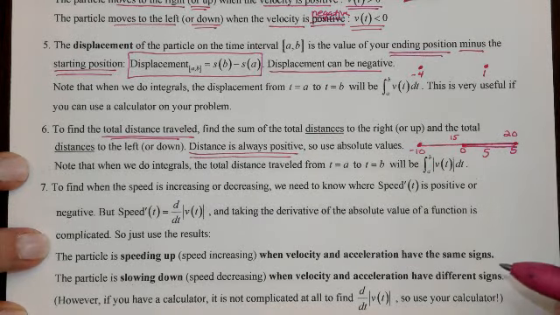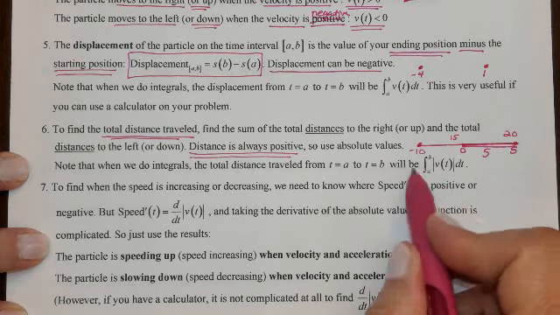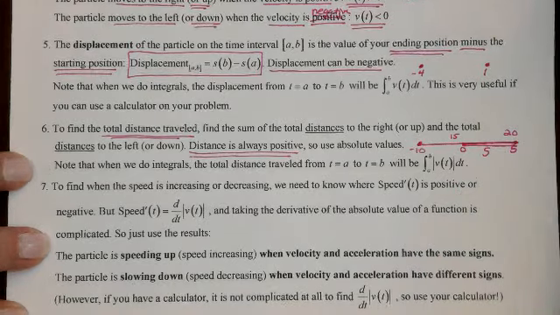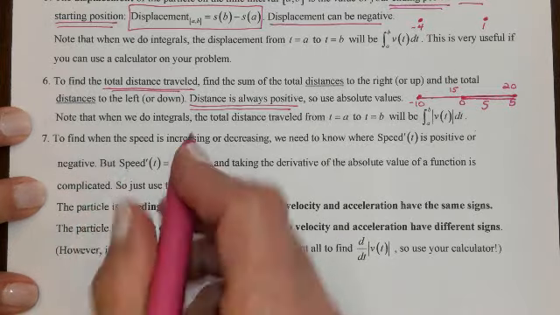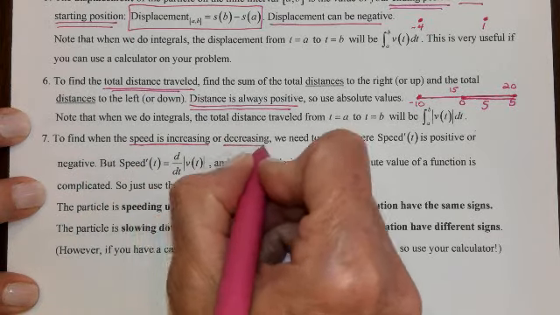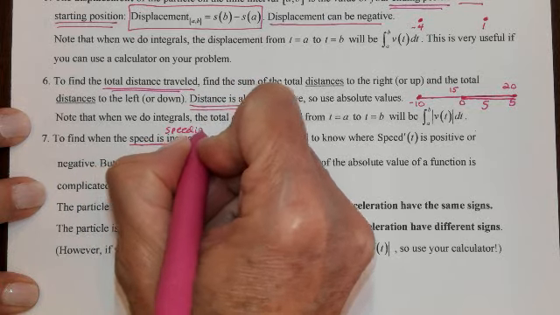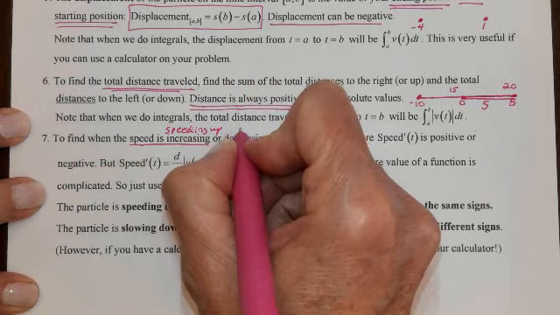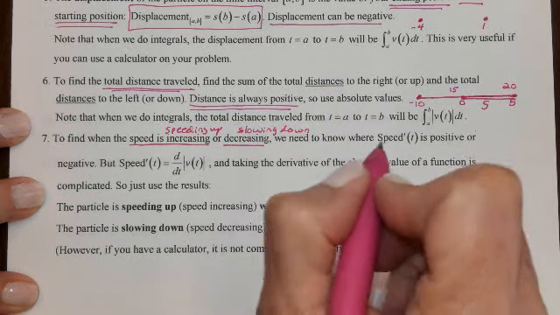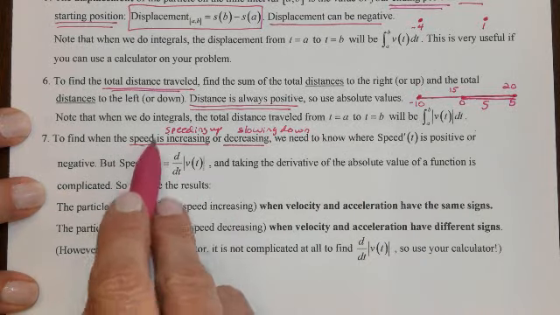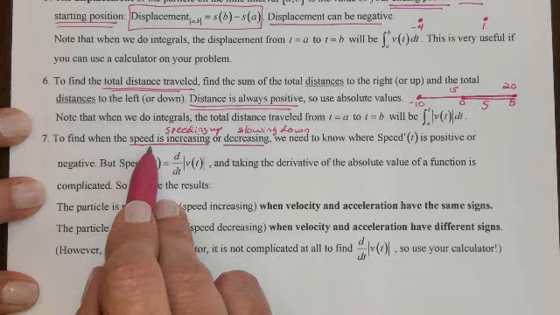Unless you know integrals and you have a calculator, and in that case, you just stick that little guy in your calculator. We'll be doing that later. Okay? All right. The last thing on this list is to know when speed is increasing or decreasing. Increasing would be when your particle is speeding up, and decreasing would be when your particle is slowing down. Okay? To know when any function is increasing or decreasing, we take its derivative and do a sign chart, don't we?